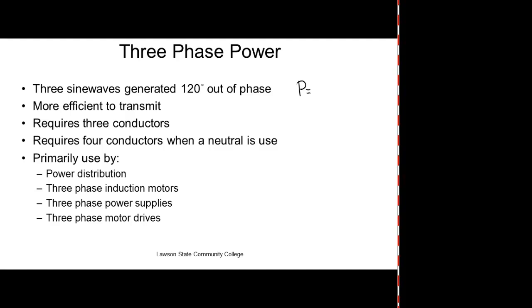But basically, power is the most important. Why is power the most important? That's how much work you're doing. Right? I could have 1,000 volts, but if I don't have any watts, I don't have any work.